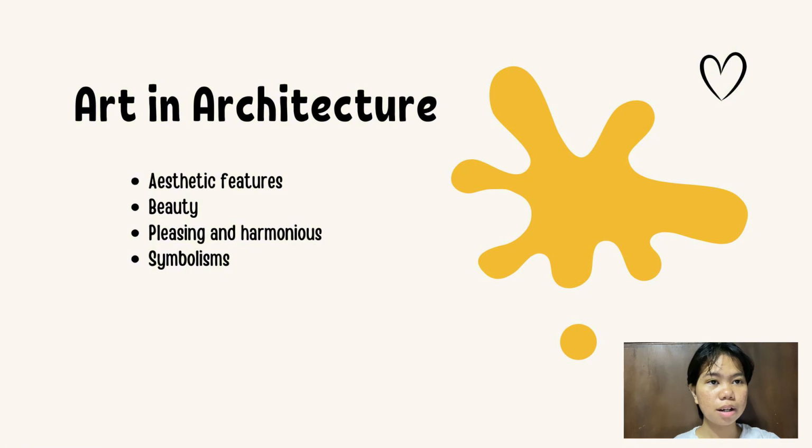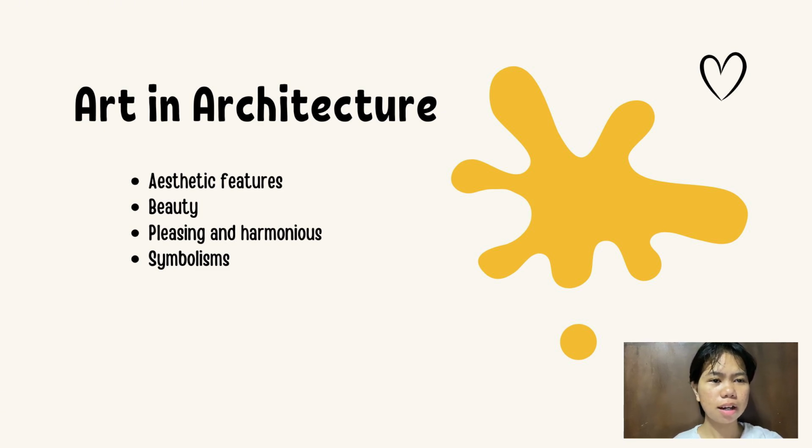So when we say art in architecture, this refers to the aesthetic features, the beauty, the pleasing and harmonious image of the structure and its symbolism.